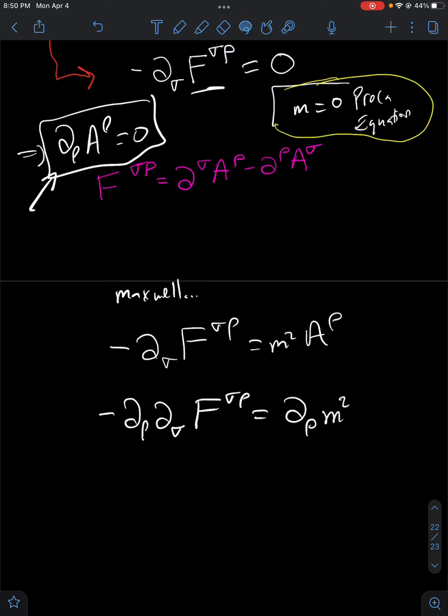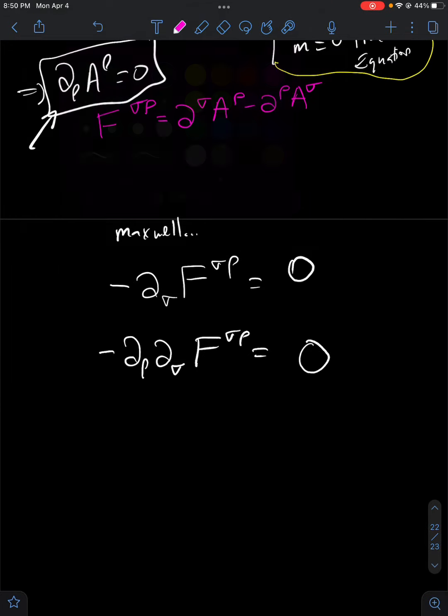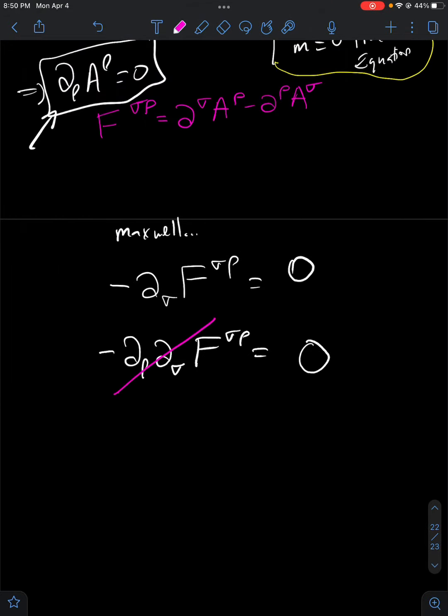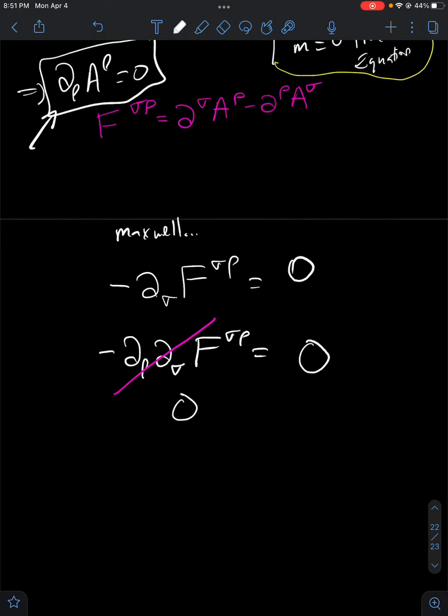Oh, remember that there's no mass term, right? There's no mass term. And the Lorentz condition implies that this entire thing goes to 0. So we get 0 equals 0.